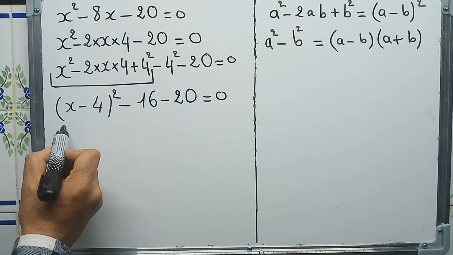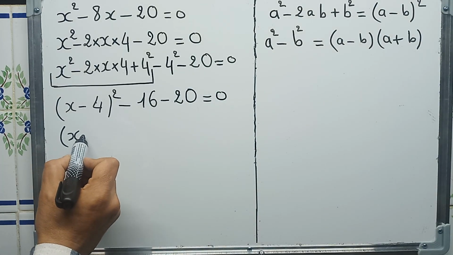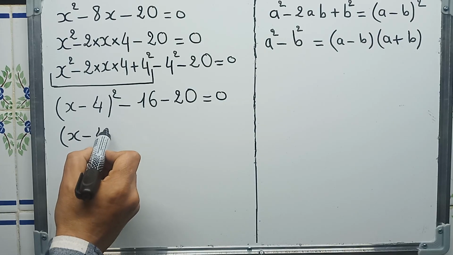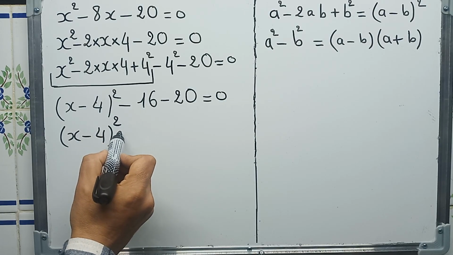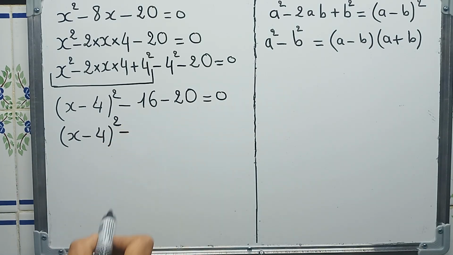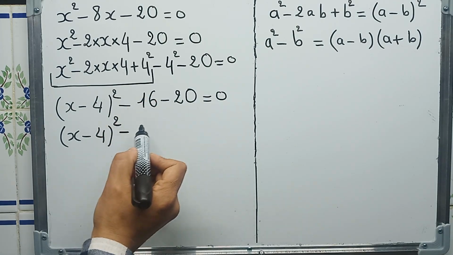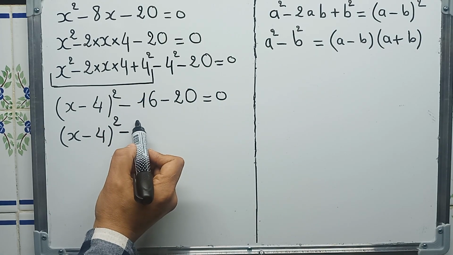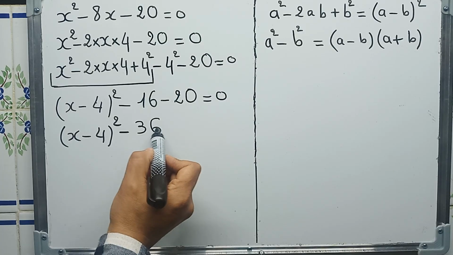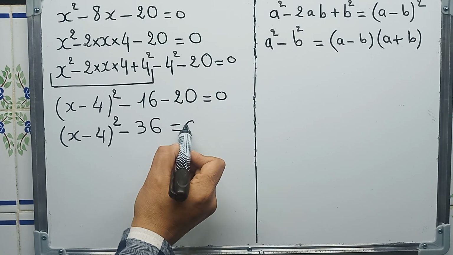And here we have our square completed. We just continue to factor our equation. Minus 16 minus 20 is obviously minus 36 equals 0.